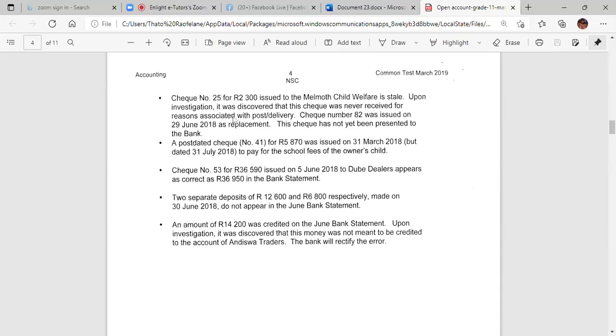Upon investigation, it was discovered that this check was never received for reasons associated with post or delivery. Unfortunately, we sent this check by post or delivery and it was never delivered. Check number 82 was issued on 29 June 2018 as replacement. The check has not yet been presented to the bank.